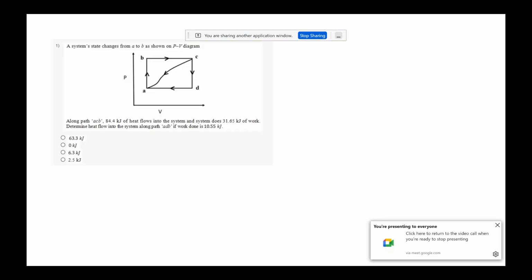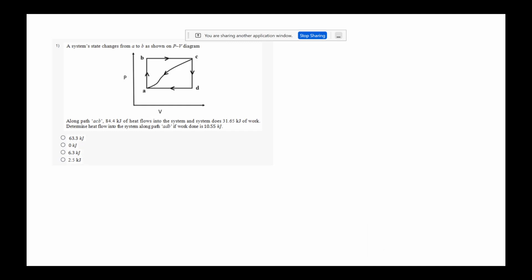Okay, so let's see probably one extra problem and we can finish this. Now this problem says the system changes from A to B on a diagram.